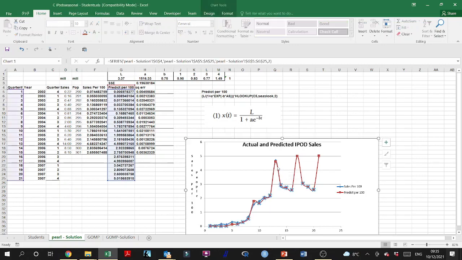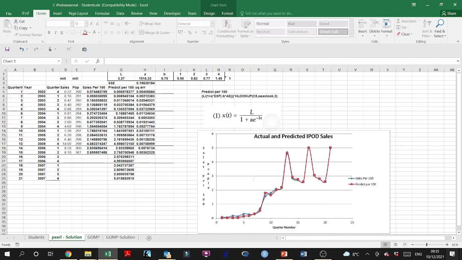Oh, but this is actually the correct one. This is the actual in blue. So you can see that the actual in blue was very high. So this is why this is also high. So it is actually a very good prediction. We did a very good job because you can see the blue here.